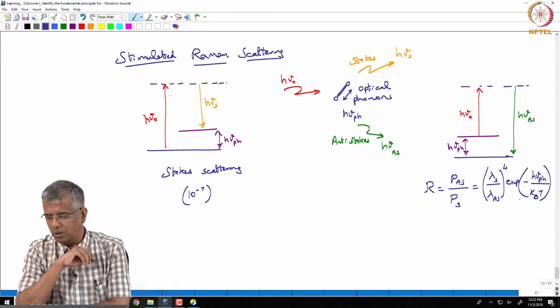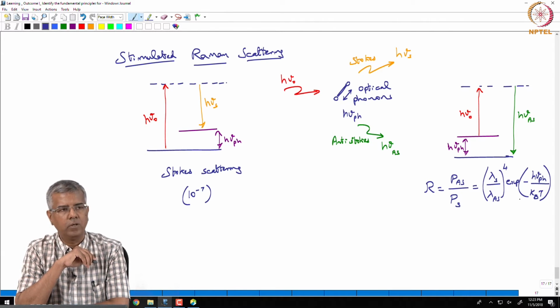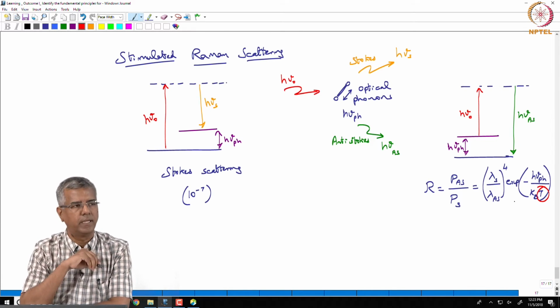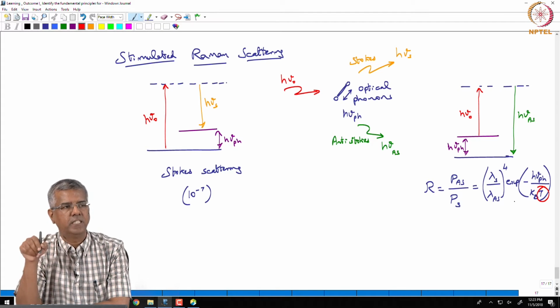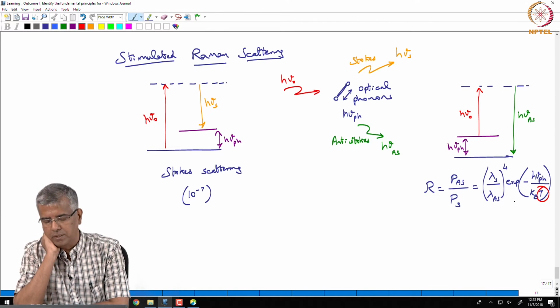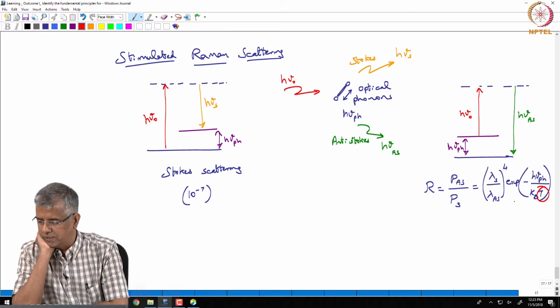That ratio is highly dependent on temperature, so it gives you an opportunity to measure the temperature of that material. That way, Raman scattering is a very nice tool for temperature sensing applications.